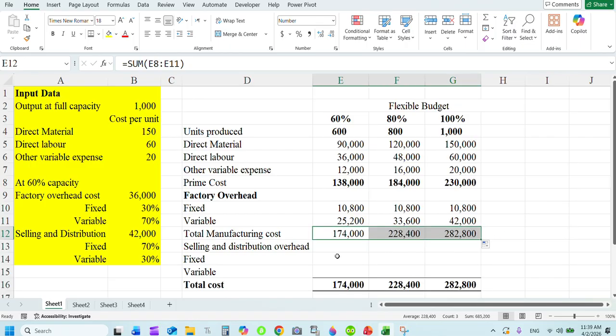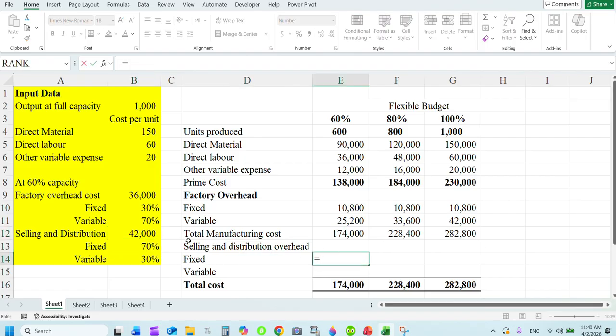Then we can add selling and distribution overhead costs. These are the costs that we usually charge to P&L. At 60% it is 42,000, out of which 70% is fixed.